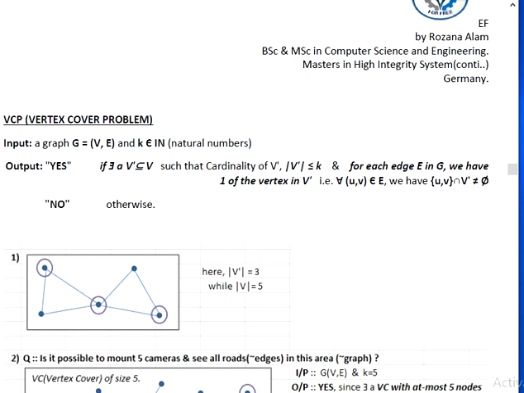That is, we know that each edge has a U and a V, so for all edges UV, we will have at least one of them in the vertex cover.